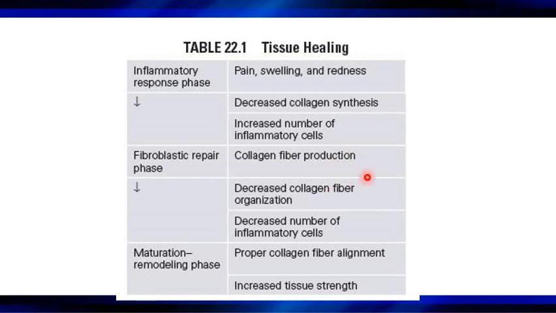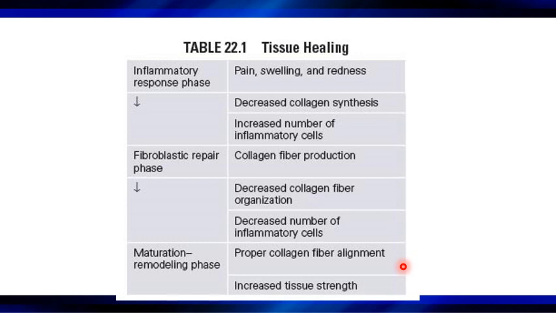It talks about what's going on here. Decreased collagen fiber organization. There's collagen fiber production, but during the fibroblastic repair phase, it's laid down in an unorganized manner. It's during the maturation remodeling phase that the collagen fiber gets realigned and starts to gain strength. So in the fibroblastic repair phase, the inflammation phase starts to turn itself off.